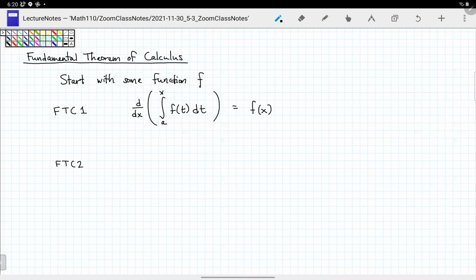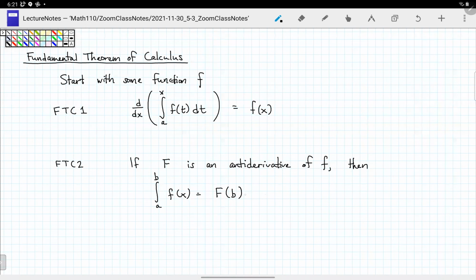says that if you have some capital F, which is an antiderivative of little f, then an integral from a to b of little f of x is going to be capital F of b minus capital F of a.